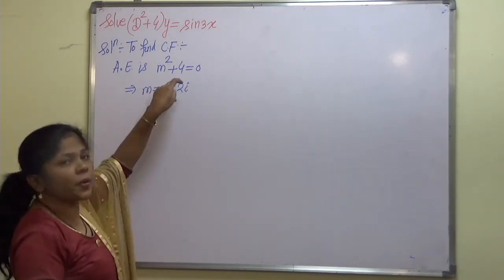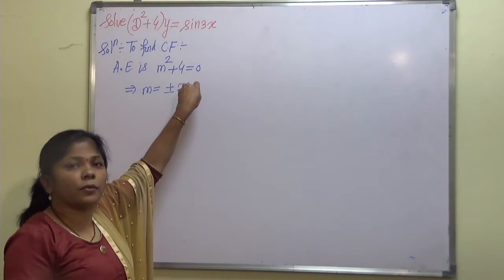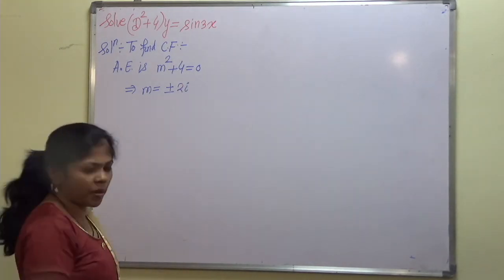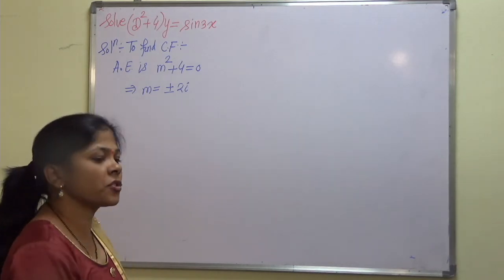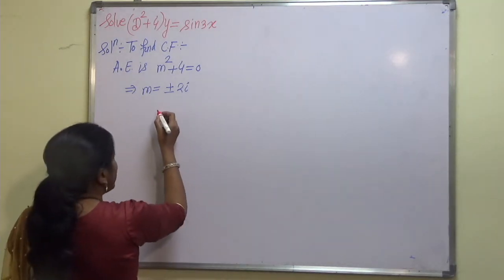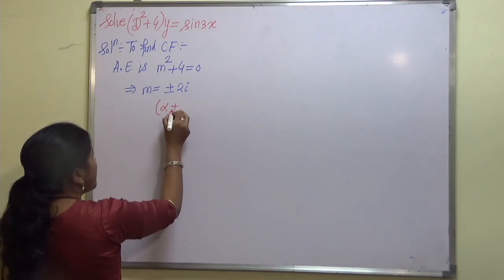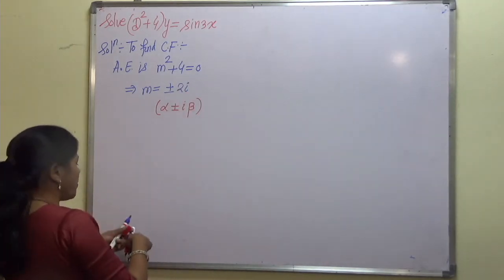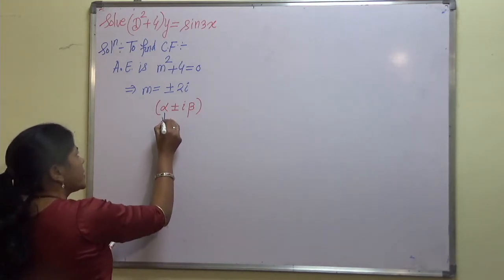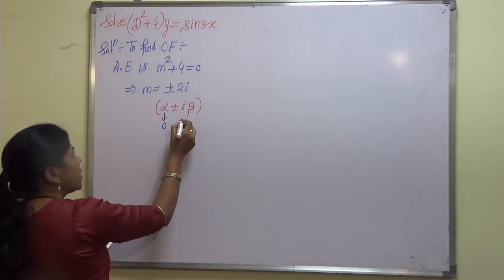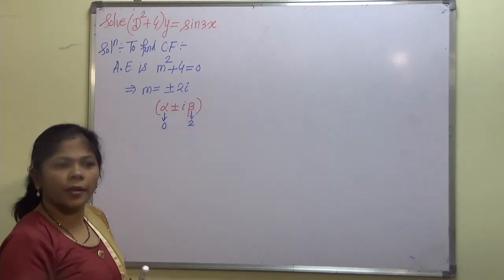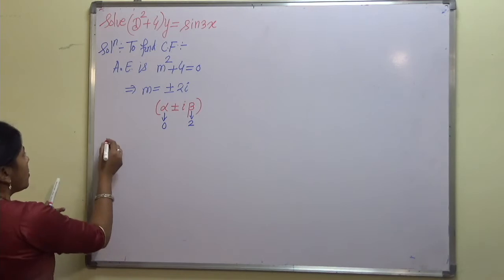It would be m square equal to minus 4, and the square root of minus 4 is plus minus 2i. So the roots are imaginary. Imaginary roots are always written in the form alpha plus minus i beta. Compare, and you will find alpha is 0 and beta is 2.